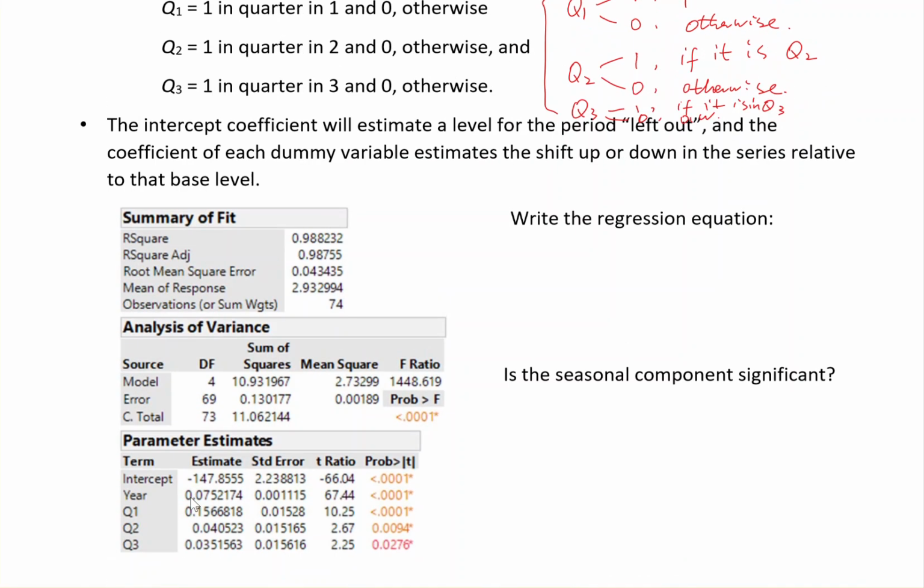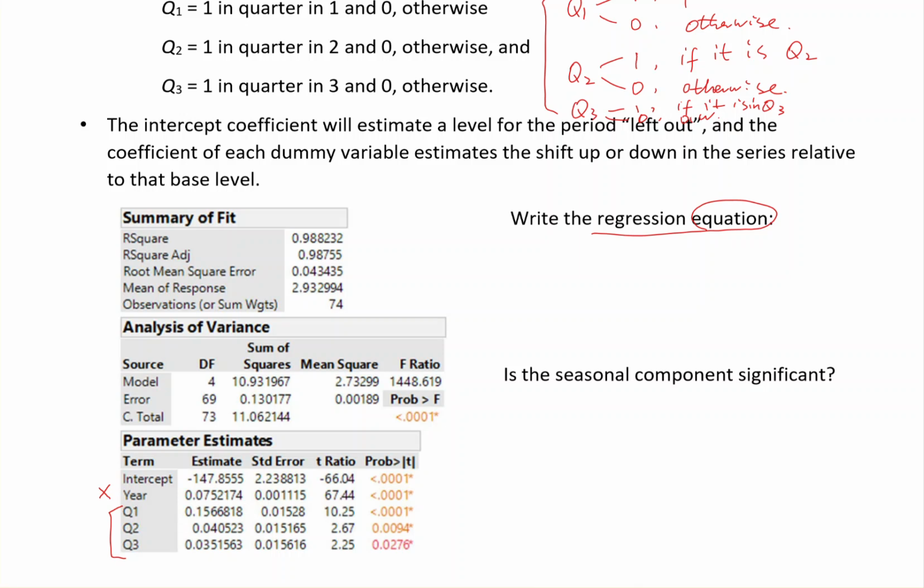Remember, we first added the year as our x, and now we want to add the seasonal component into our regression, so we need to add these 3 dummy variables. So first, what is the regression equation?